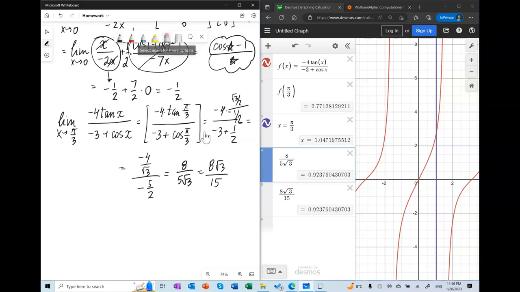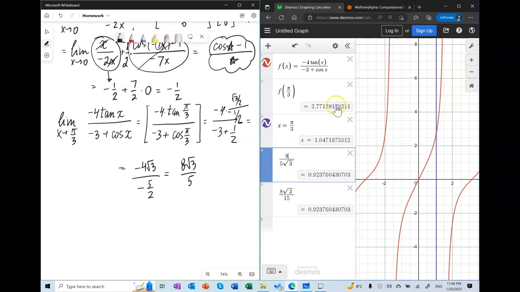So what this should be is root 3. So this is just -4 root 3, and then now we got everything in order. We're going to get 8 root 3 over 5, but I'm still going to check my work here, right?